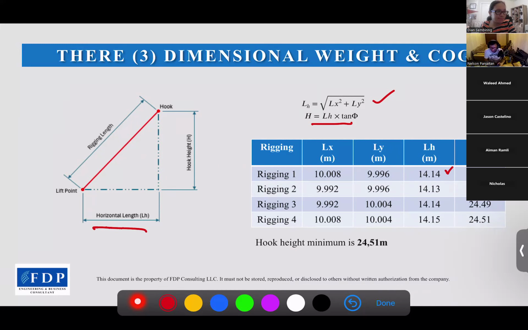Then the height, with the angle of 60 degrees, we got 24.49. For rigging 2, the rigging horizontal length is 14.13. Then the height will be 24.47 if the minimum is 60 degrees. So this height is based on the angle of 60 degrees.